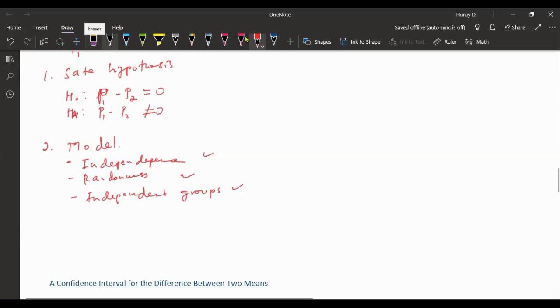So our model here is z equals p-hat 1 minus p-hat 2 over the standard error of p-hat 1 minus p-hat 2. And what is p-hat 1 minus p-hat 2?